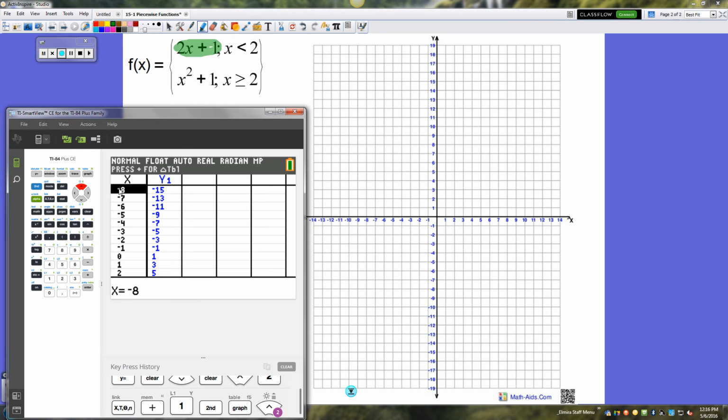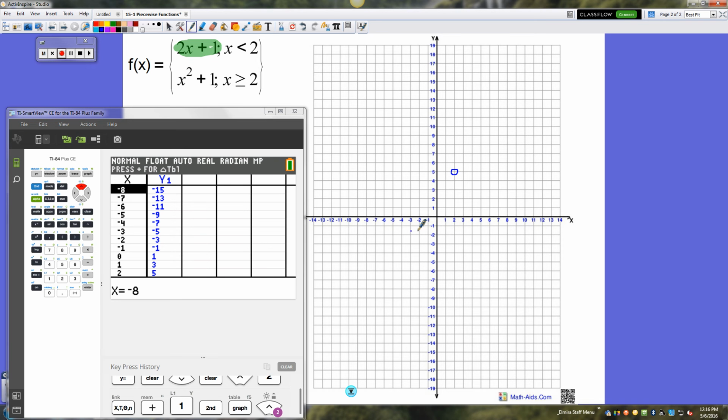Now, at 2 specifically, when I graph 2, 5, there's no equal bar. So instead of drawing a regular dot there, I'm going to draw an open circle, just for that one. Everything else I can do regular dots for.